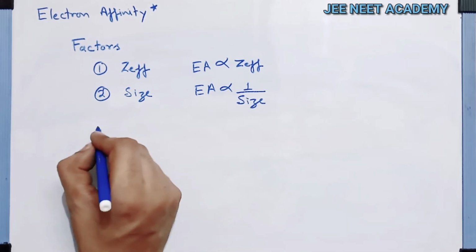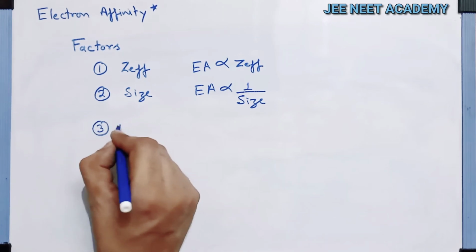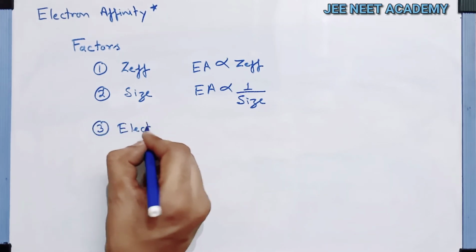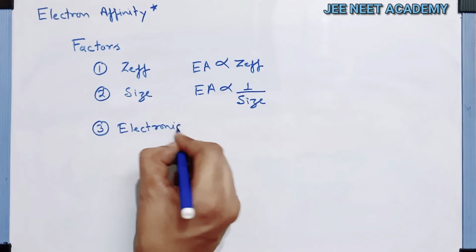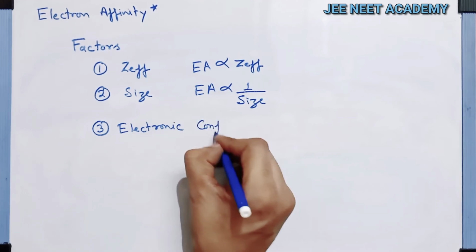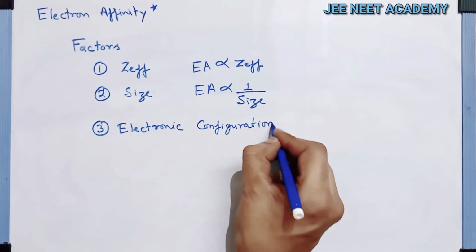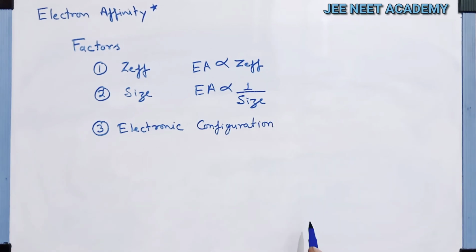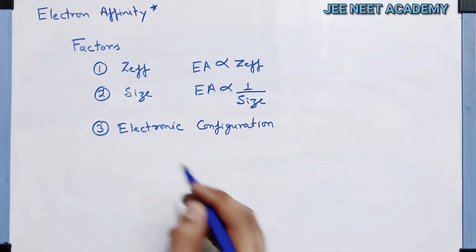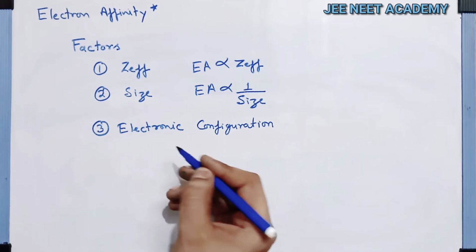Electronic configuration, third factor. For half filled and fully filled configurations, electron affinity is less because they are more stable than partially filled.